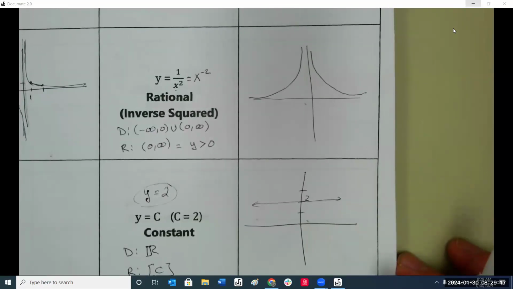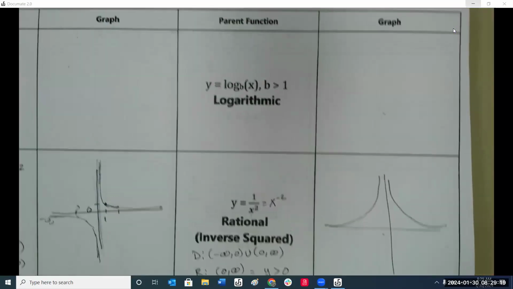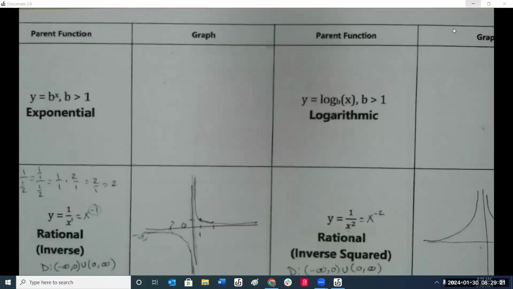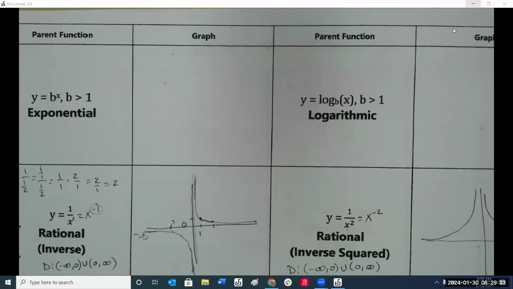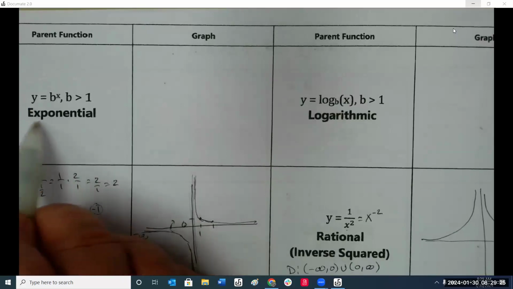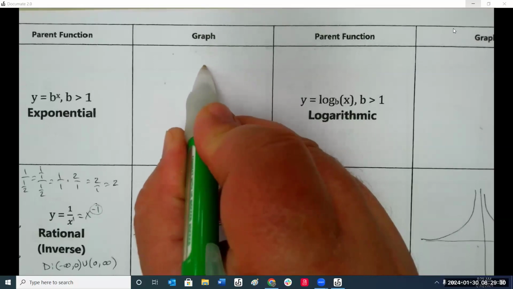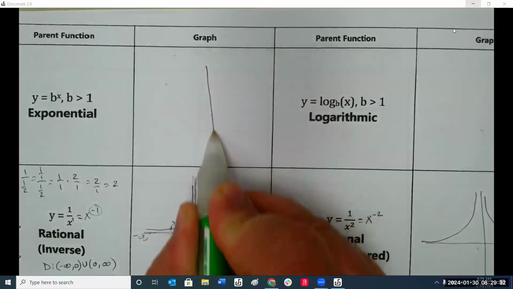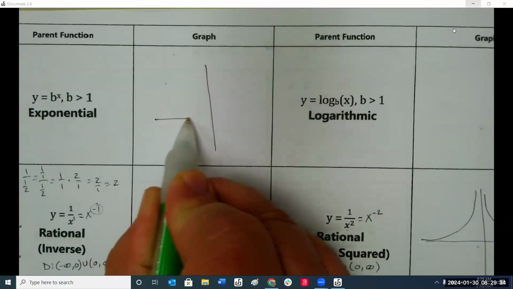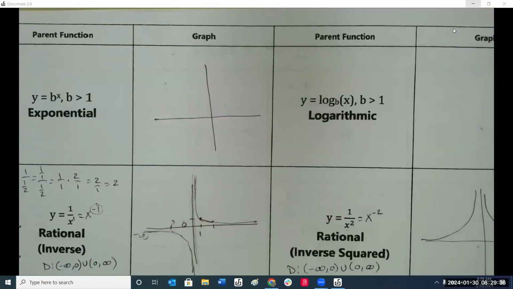The next easy ones would be these two. The exponential function, what does that one look like? What is its property? Exponentials have two basic properties.